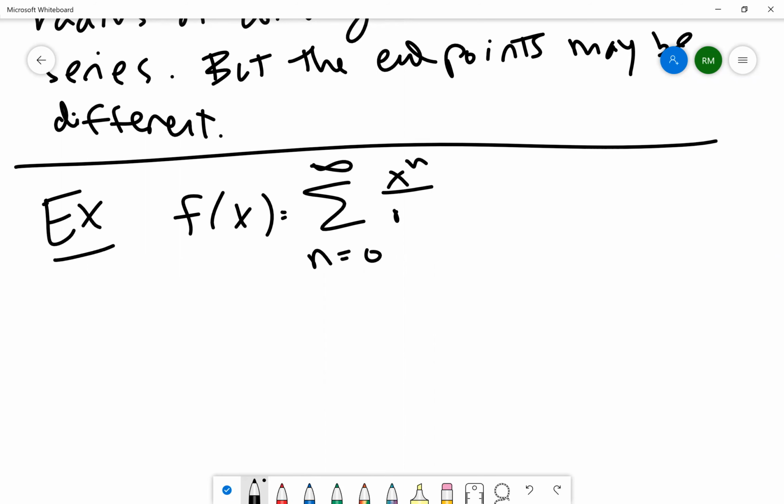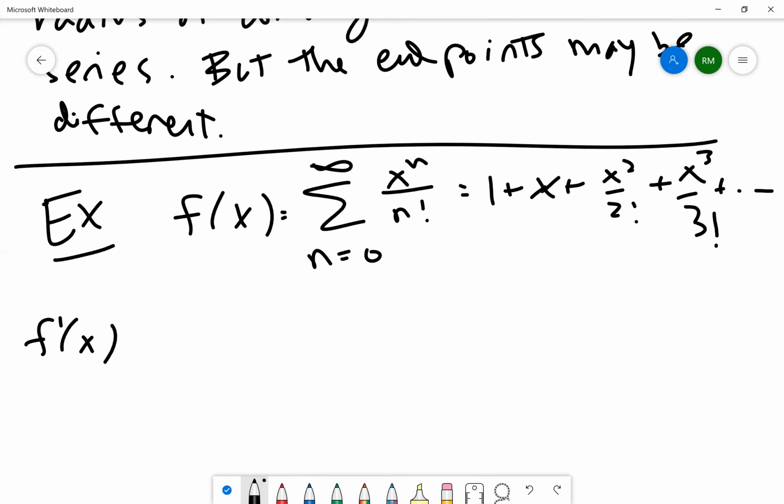So let's look at the function, the sum of x to the n over n factorial. So let's do f prime. Well, we see that the derivative of 1 is just 0.